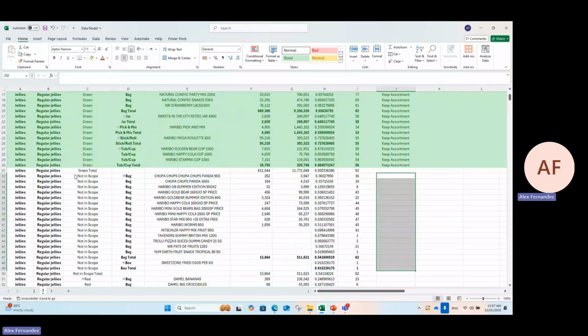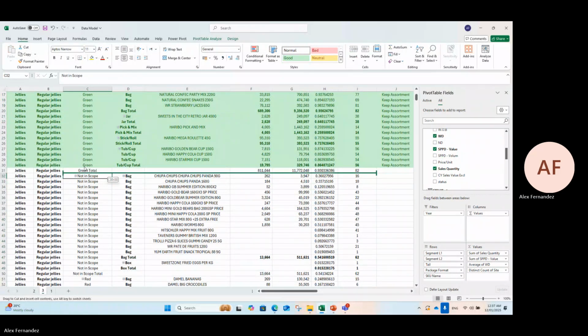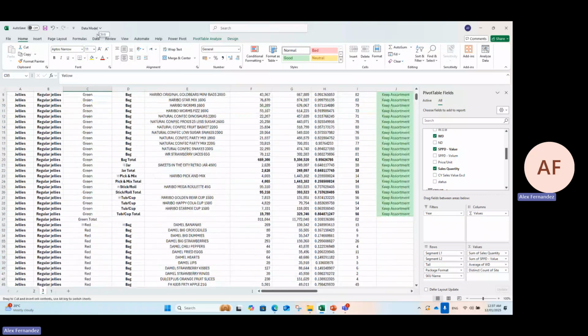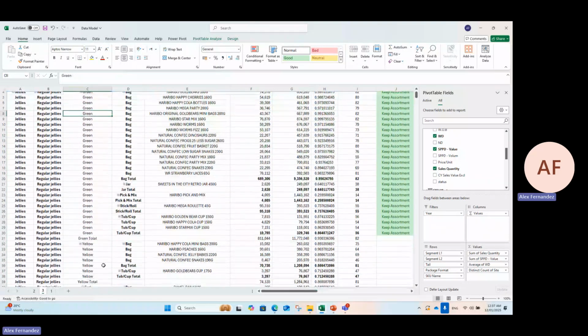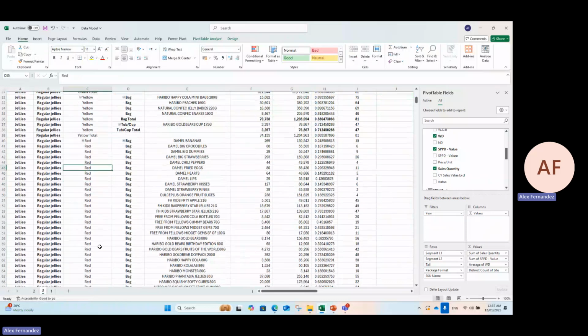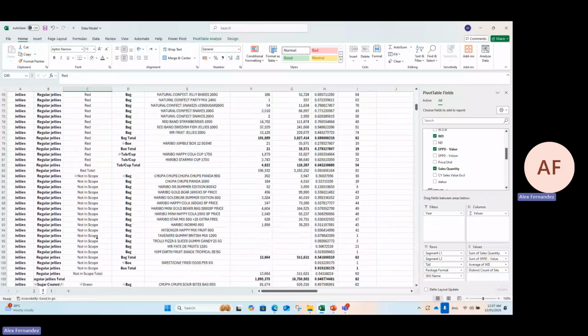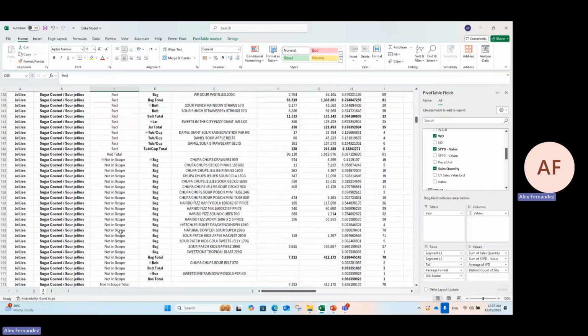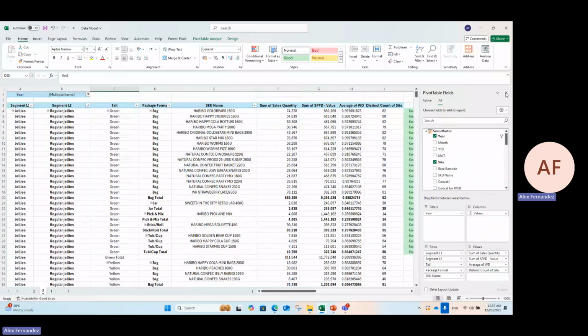And maybe we do one thing. That here. And you put the arrow here. So also this is this sequence green, yellow, red, and then finally not in scope. And this goes for all other subsegments. Green, red, yellow, not in scope. This will help us.